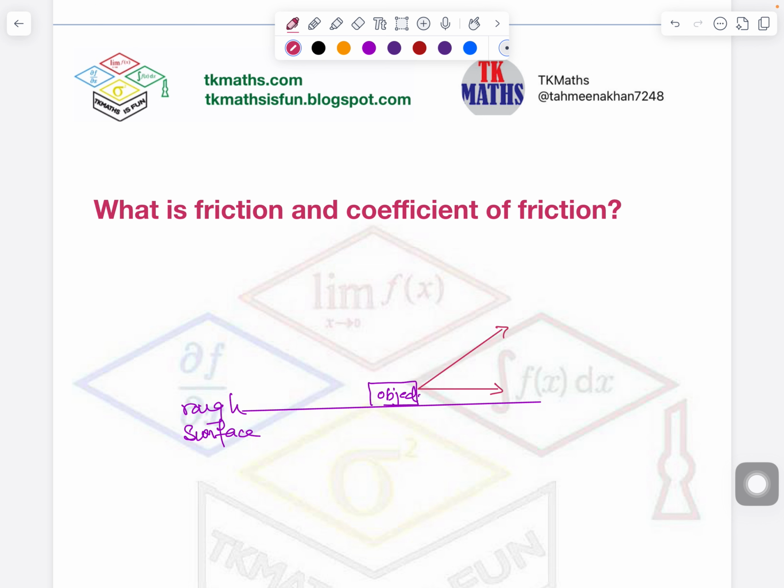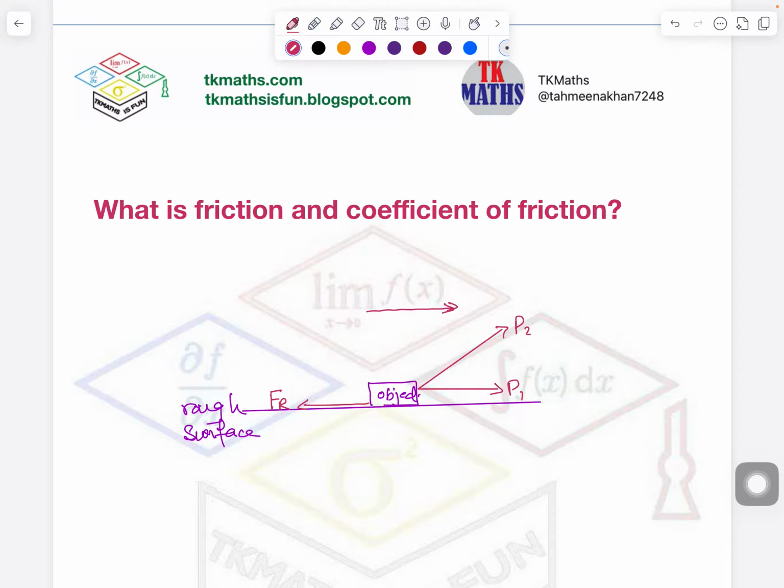There may be multiple forces, but the frictional force will act in the opposite direction. Let me name them force P1, force P2, and this is my resistance force, the frictional force. The frictional force will be in the direction opposite to the motion.